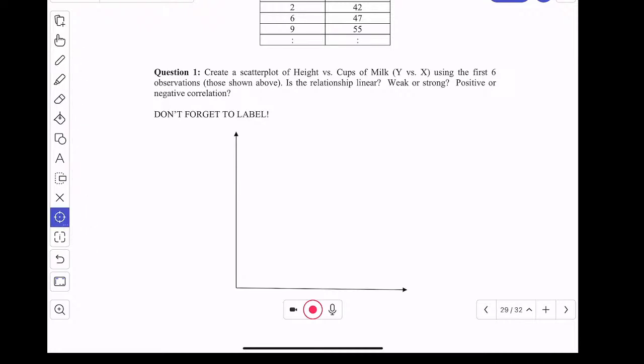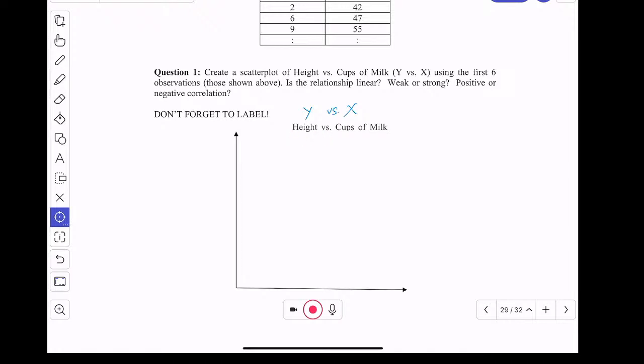And the questions I want to answer are, first of all, I want to depict this as height versus cups of milk. That's the title of my graph. And when we write things with this versus, we always write y versus x.